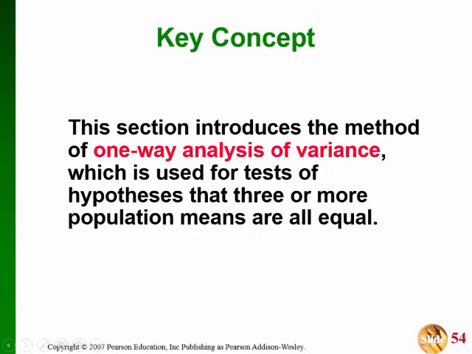And the way statisticians need to do that is that they have to look at the variances among the populations, or among the samples. In this particular course, we're really just going to take a look at the one-way ANOVA, one-way analysis of variance. There's a two-way ANOVA, which we're not going to cover in this class. And I don't even think it's in the book.